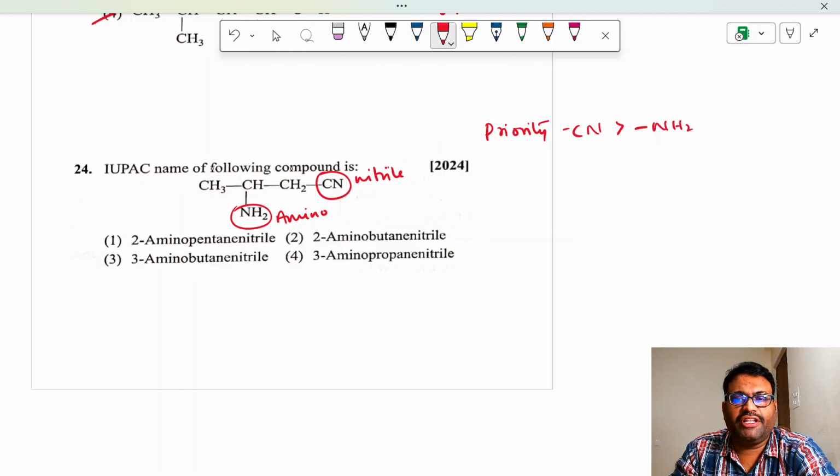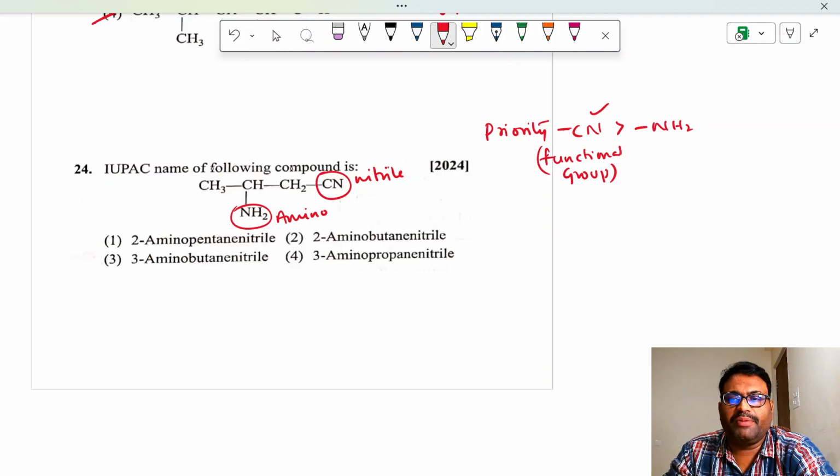So now cyanide will be the functional group. Because cyanide has more priority, the amine functional group will be considered as a substituent. A substituent is written under the secondary prefix, whereas a functional group is written under the secondary suffix.